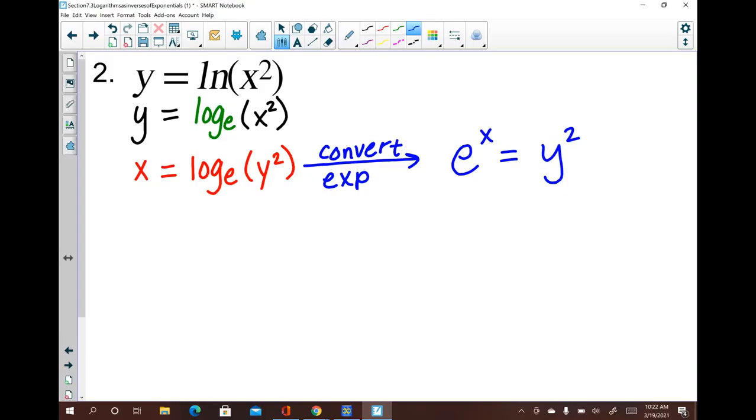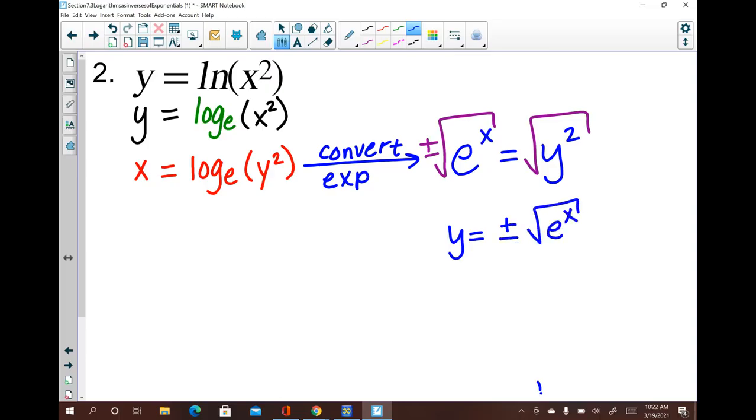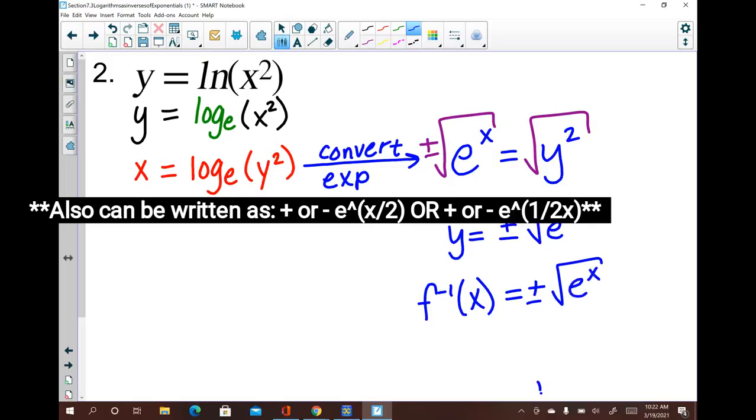The way to solve for y in this case is by taking the square root of both sides. We are solving for a variable by taking a square root, so we need to remember the plus or minus. So we get y is equal to plus or minus the square root of e to the x. Recognize that you found an inverse using f inverse notation to get your final answer.